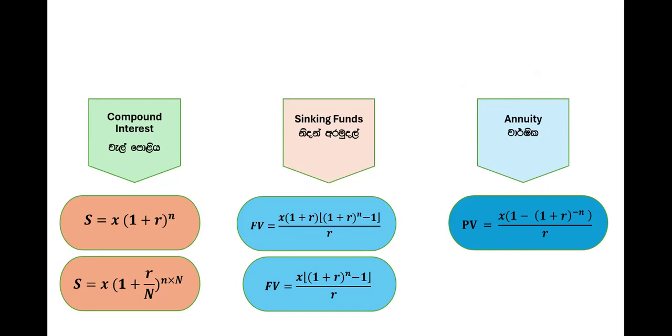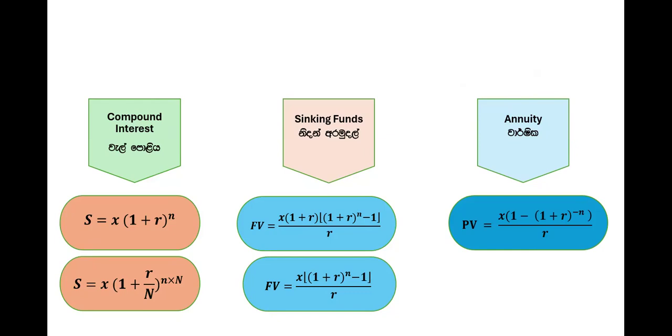A lot of students can't clearly identify which formula can be applied for the question. The earlier ones you can identify. Normally the question mentions simple interest, effective interest rate, or NPV, and from those terms you can select the correct formula.